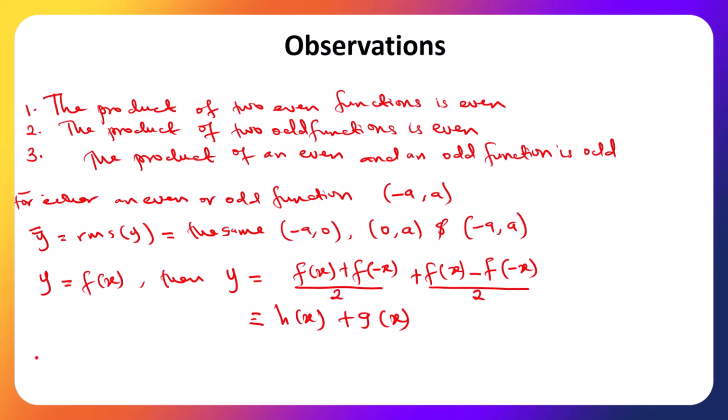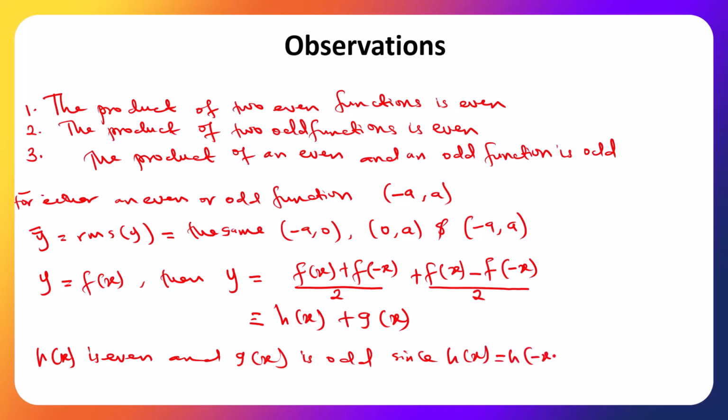Here we know that h of x is even as defined previously, and g of x is odd, since h of x is equal to h of minus x, and g of minus x is the same as minus g of x.